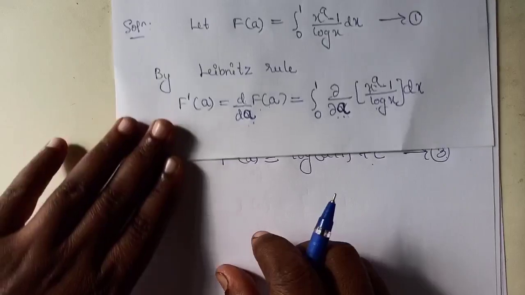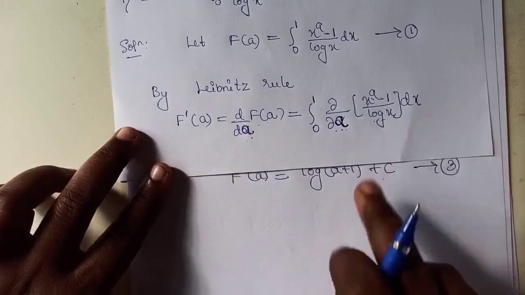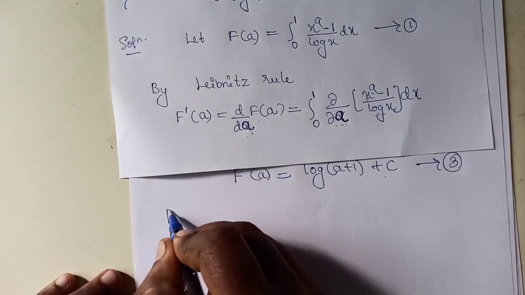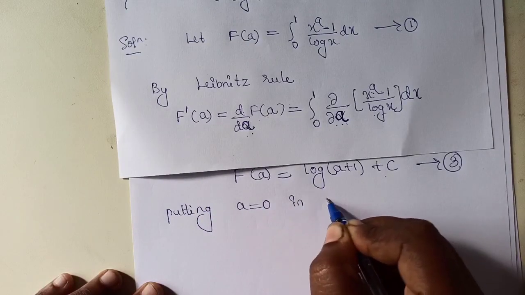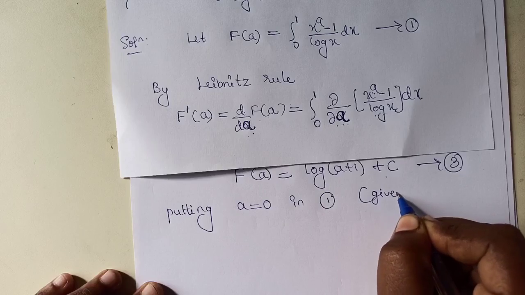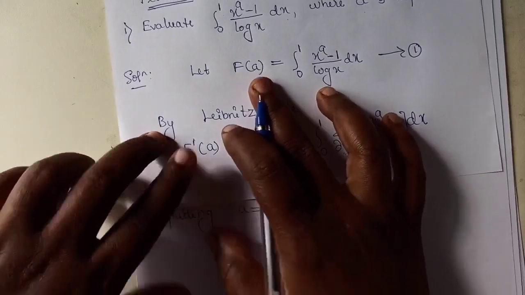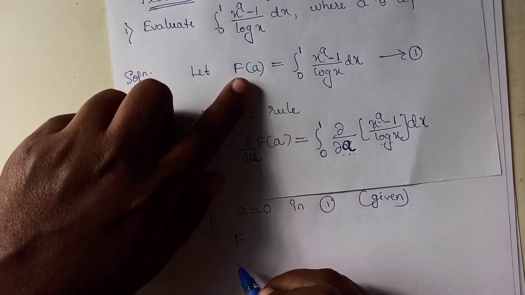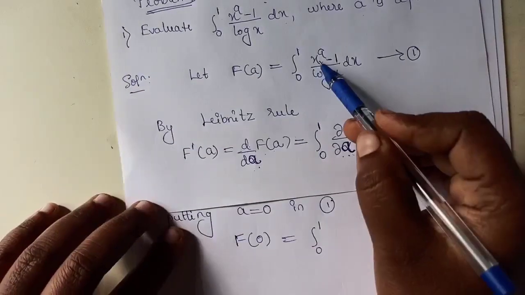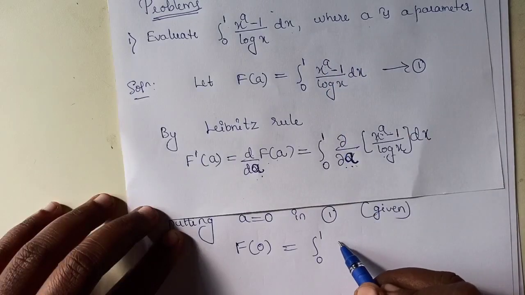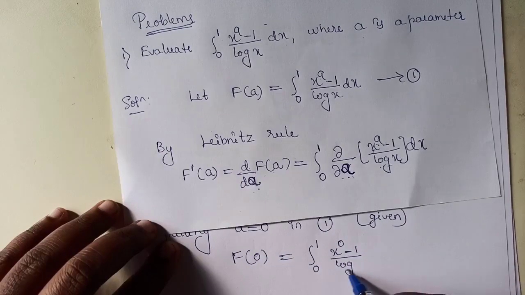Now in the given function we substitute a equals 0 to get the c value. So substituting a equals 0 in equation 1, that is the given function, we get f of 0 equals integral 0 to 1 of (x raised to 0 minus 1) divided by log x into dx.